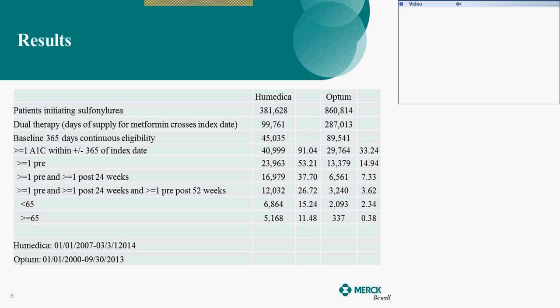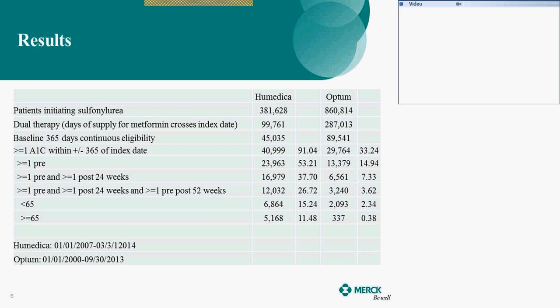Looking further at patients with HbA1c pre-index between 6.5 and 20, it is about 50% in Humedica and about 15% in Optum.